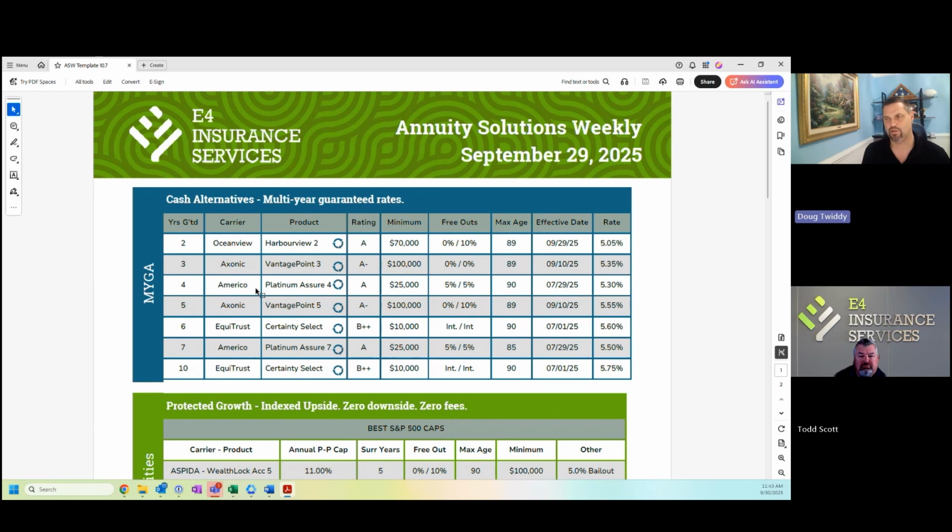But a lot of annuities will do something that we call auto renew. They'll generally give you a 30-day window before the end of the period or after the end of the period, where there's no surrender charges, and you can pull the money. If you don't pull your money during that 30-day window, these circulating arrows tell you that this product auto renews.